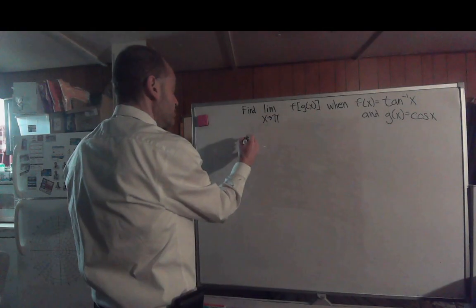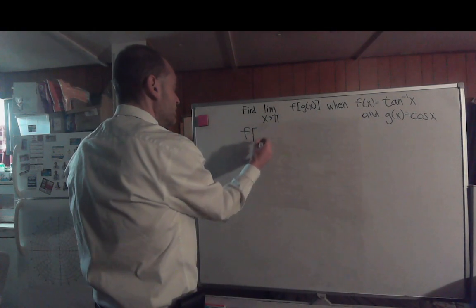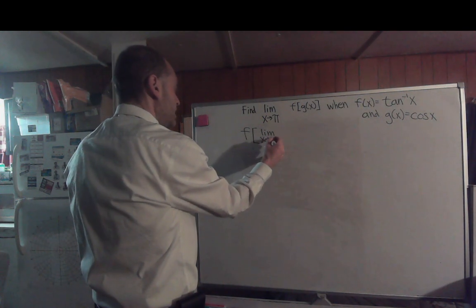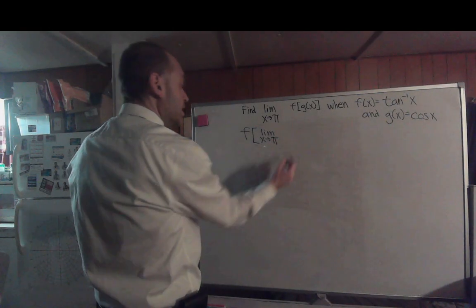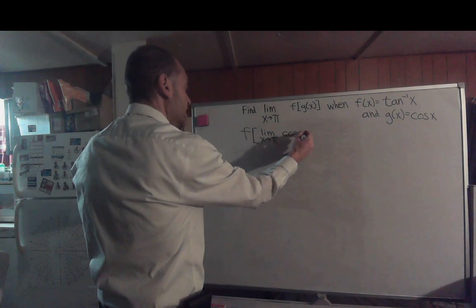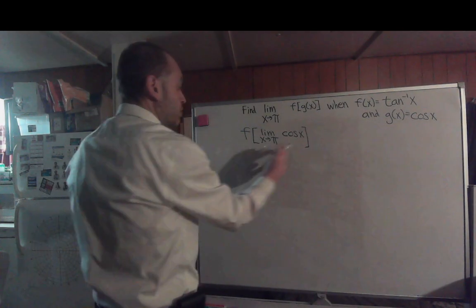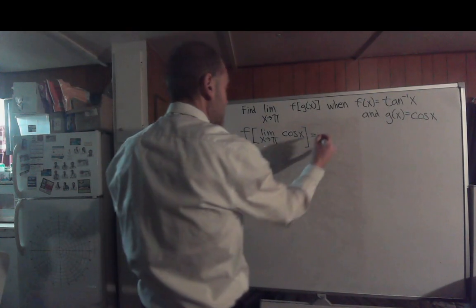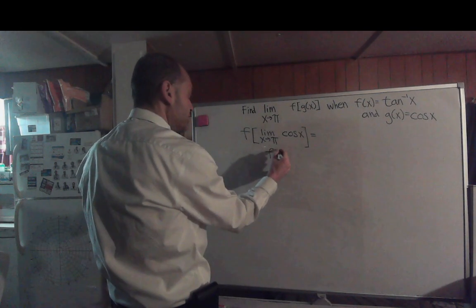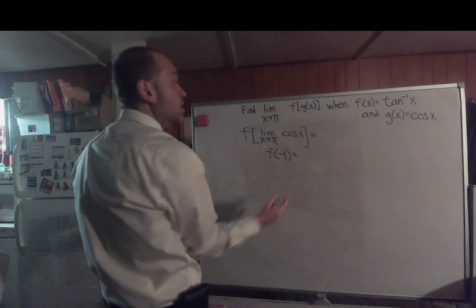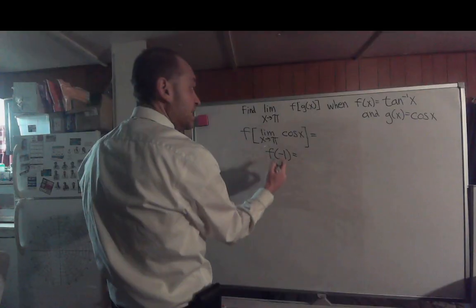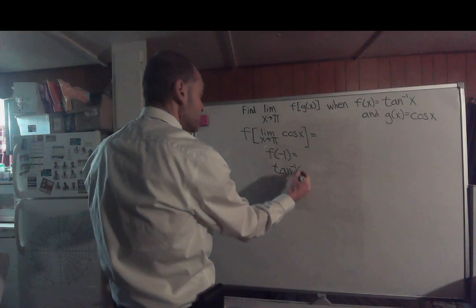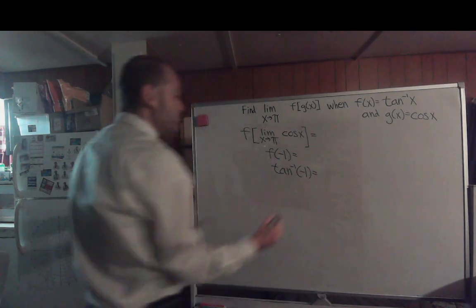This will turn into f of the limit as x approaches pi of the cosine of x. Well, as x approaches pi of cosine of x, that's going to be -1. So you'll end up getting f of -1. Well, the f function is the inverse tangent, so that would be the inverse tangent of -1.